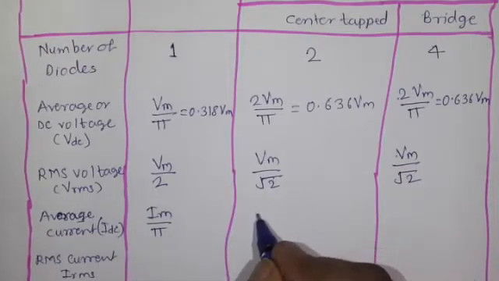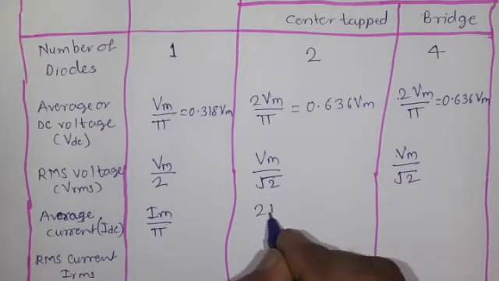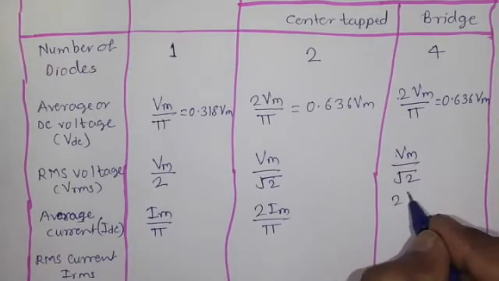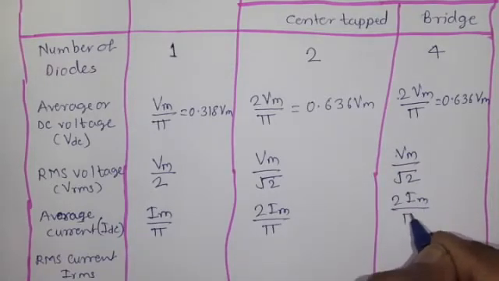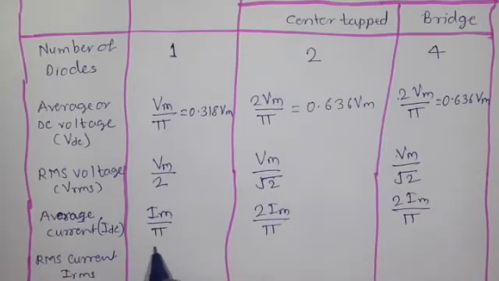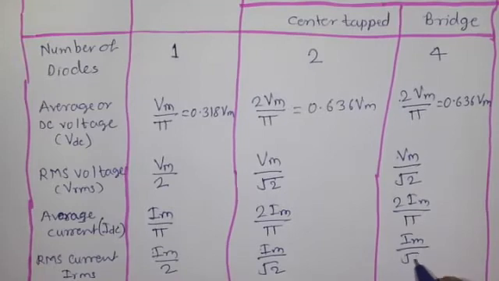Here average current is twice Im upon pi, and for this case also twice Im upon pi. RMS current is Im upon 2 for half wave, and Im upon square root 2 for both full wave cases.